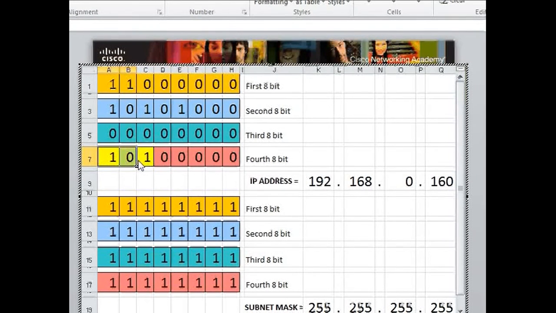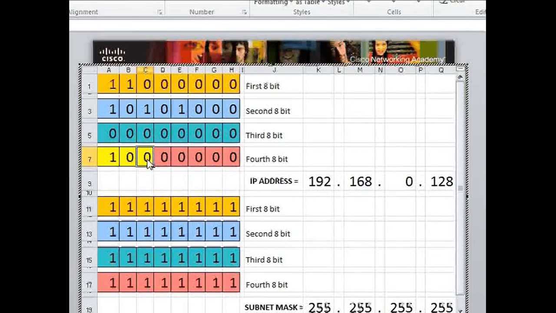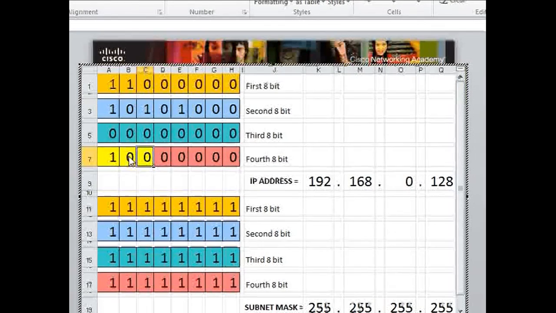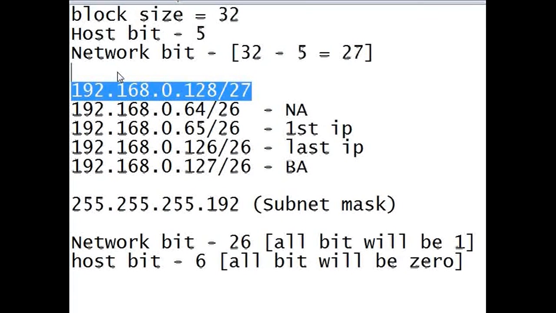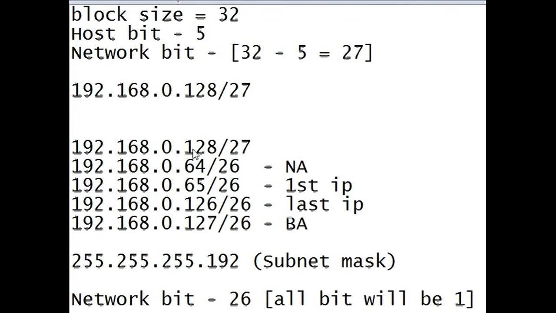Now this 1 bit is borrowed. This was the bigger network, so the 128 network is further subdivided, because this bit can be set to 0 or set to 1. So I will get 100 and 101. So in case of /27, I am going for 2 subnetworks. This will help you calculate better.